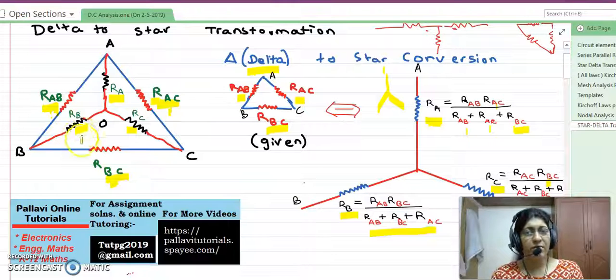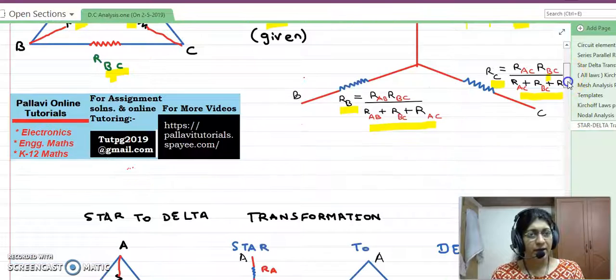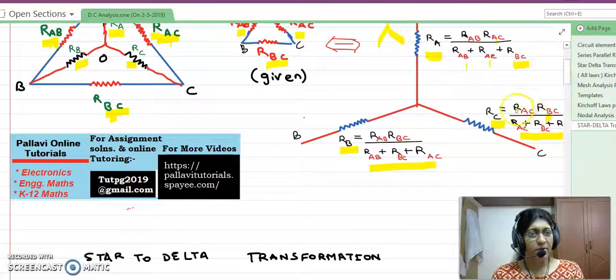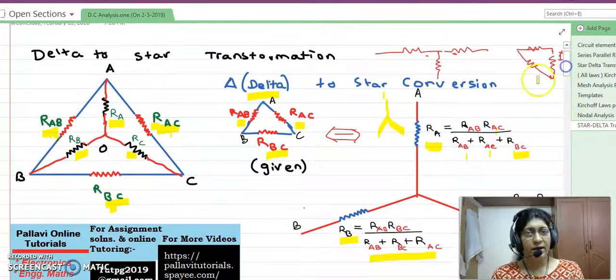There is no need to learn anything by heart as such. Since RB lies between RAB and RBC, we are taking the product of RAB and RBC upon the sum of all the three resistors. That is the advantage of naming the delta properly. Okay, let's talk about RC. RC lies between RAC and RBC.